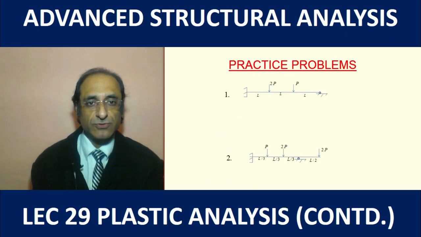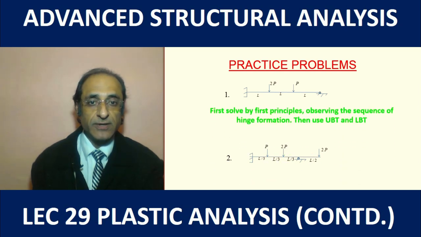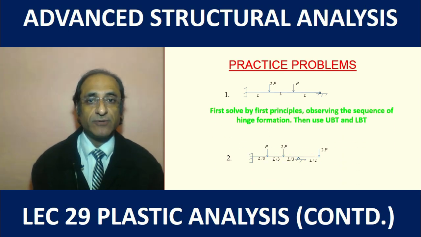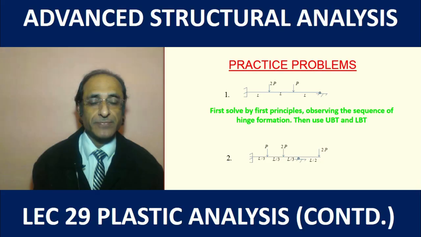Now we have two practice problems for you. Both structures have a degree of static indeterminacy equal to 1. For problem number 1, you can first solve by first principles, that is, how the hinges are formed, by first carrying out the elastic analysis and finding all the bending moments, then deciding where the first hinge will form, and finding the load corresponding to the first hinge.